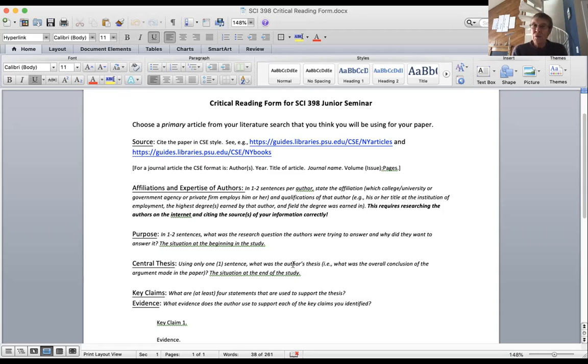However, if you've picked an article from an Asian university, Indian, they very often do not have web pages that follow the same kind of structure that we're familiar with in the West. And so it may be, in that case, hard to find information on the author. If you've really genuinely tried and you can't find anything, you can write in that space that you searched around and you couldn't find it.